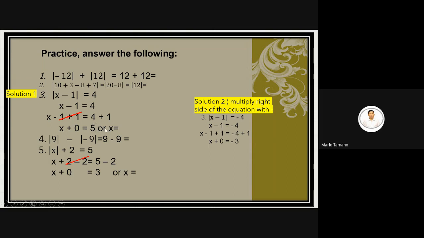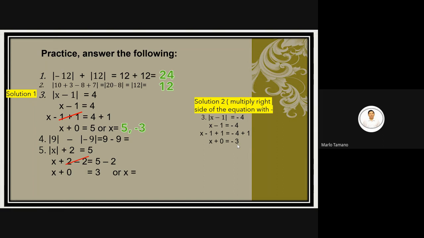Okay? O your answer is 5. Ang sagot natin dito sa solution number 1 is 5. Ano naman po ang solution natin or sagot sa solution number 2? That is negative 3.